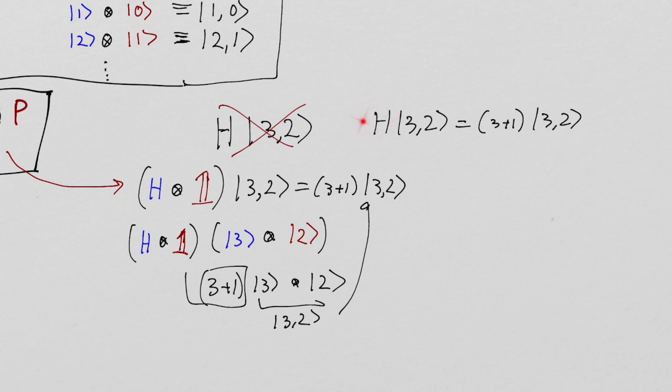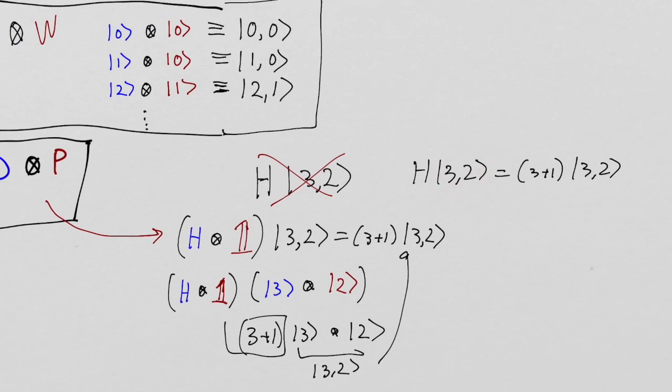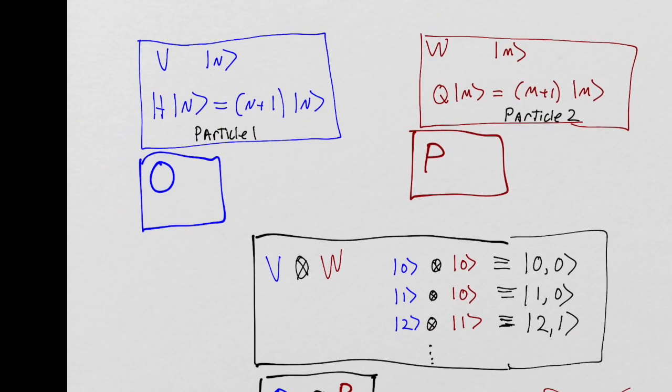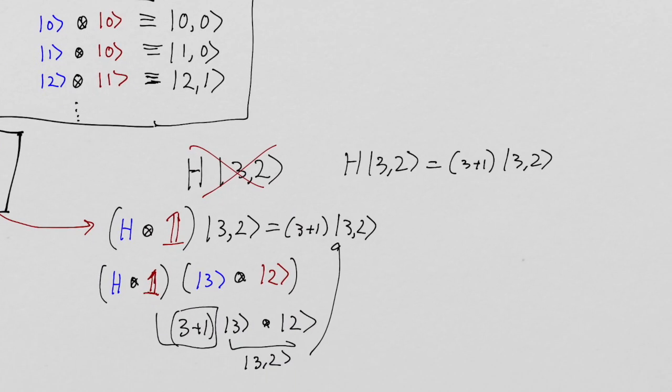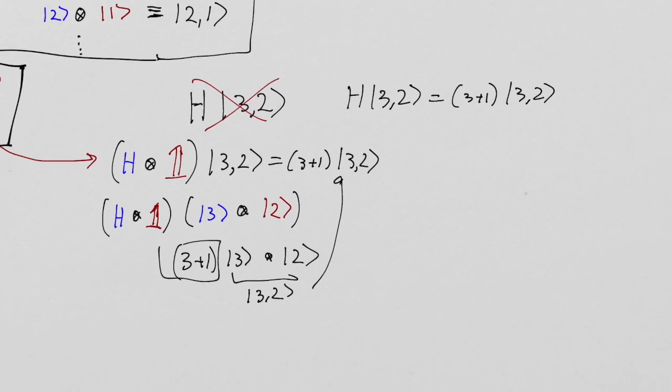And all that stuff we just talked about, this being actually a member of this tensor product space, H operating only on this vector space for particle 1, we kind of throw that under the hood and we assume that you understand that this H is now being converted into this kind of construction. So it is now allowed to operate on a member of the underlying tensor product space, and it gives you this result.